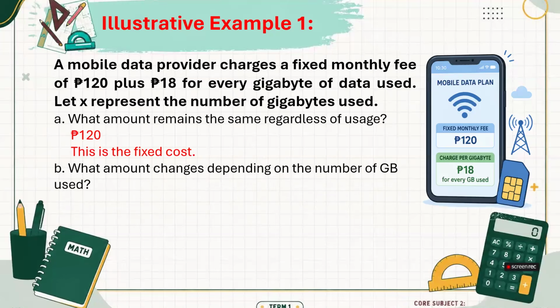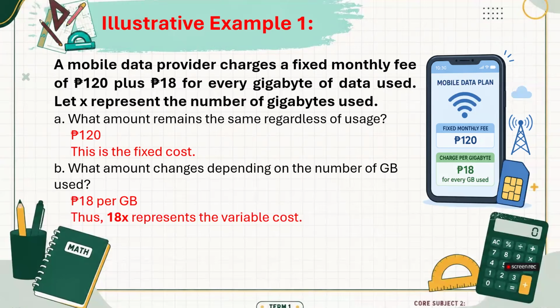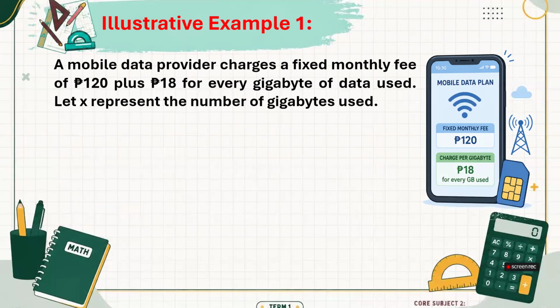The provider charges 18 pesos per gig. So if x is the number of gigabytes used, then we represent it as 18x. So 18x represents the variable cost or the changing cost. So we have a fixed cost which is 120 and a variable cost which is 18x. And that will lead us to the next question.